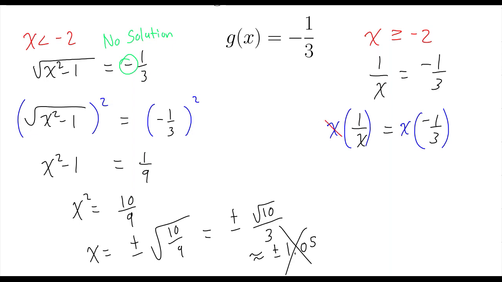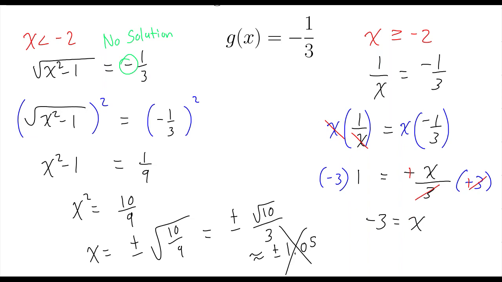The x's will cancel to leave you with 1 equals negative x over 3. Now I'm going to multiply both sides by 3. Multiply both sides by negative 3. The negative, of course, to cancel out with the negative, and the 3 to cancel with the 3 to get x by itself. So negative 3 equals x.